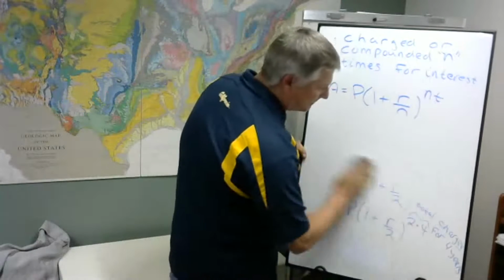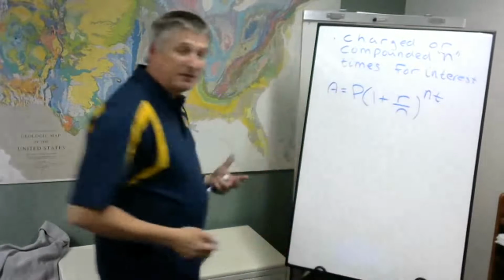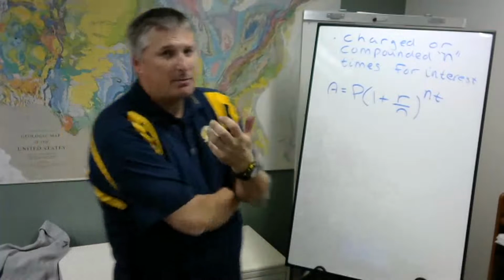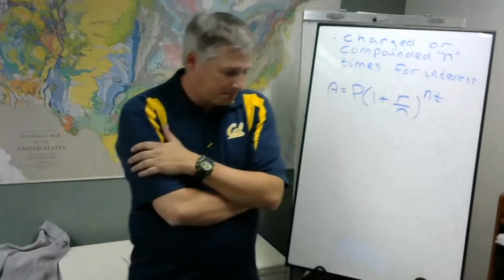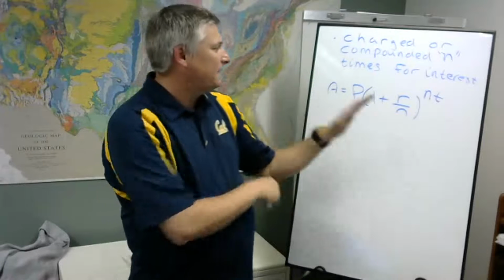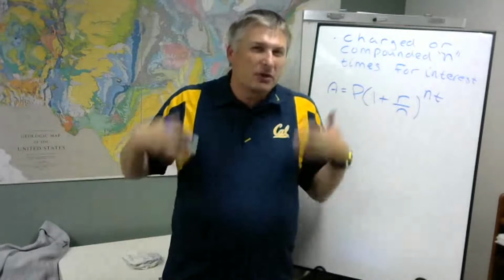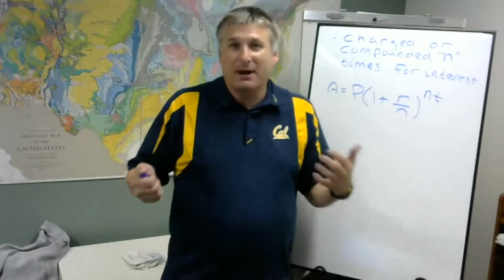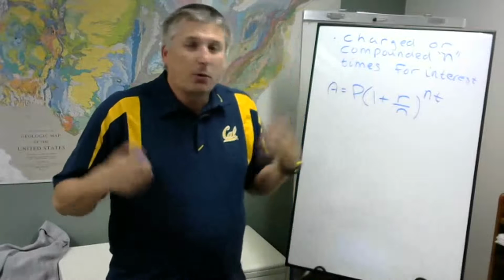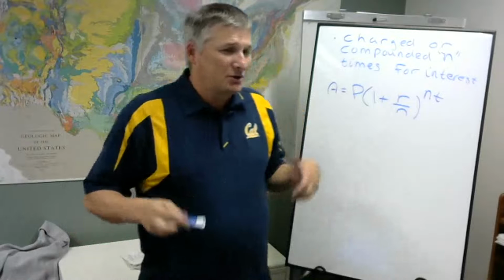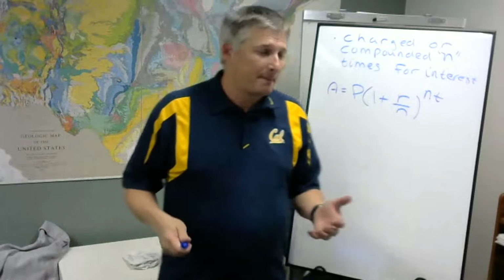So what does this have to do with e? Well, one of the questions we might be interested in is this. What happens if we charge interest over and over and over again, more frequently than, say, twice a year? That's what we call semi-annually. Maybe 4 times a year, or we charge it quarterly. Maybe we charge it 12 times a year or monthly.